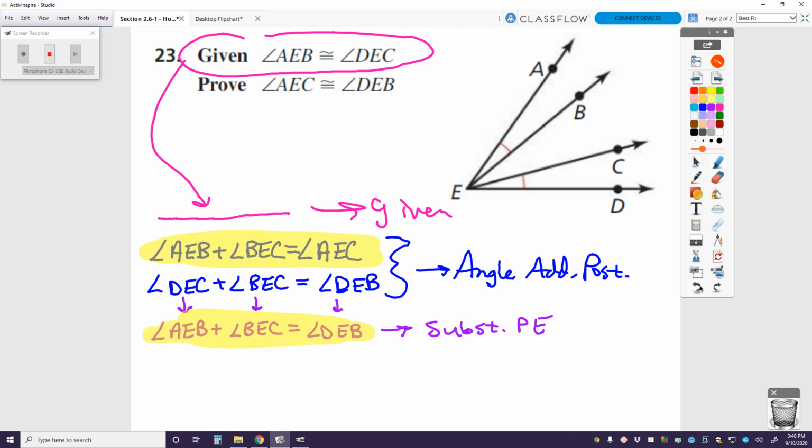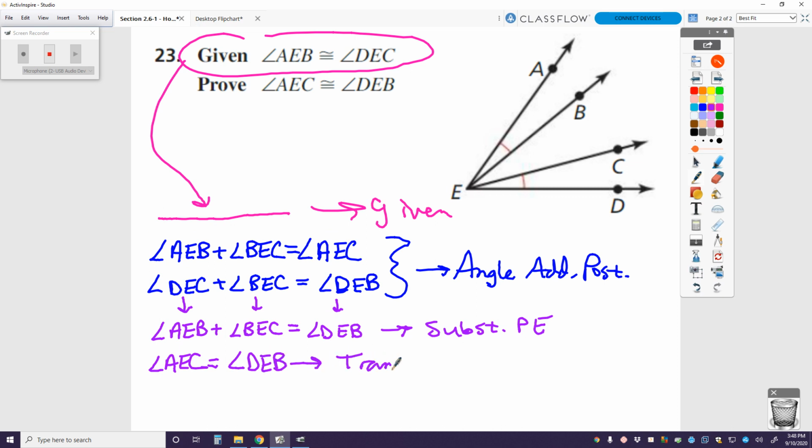So now, let me undo all my highlighting. Now I can say that angle AEC is equal to angle DEB.